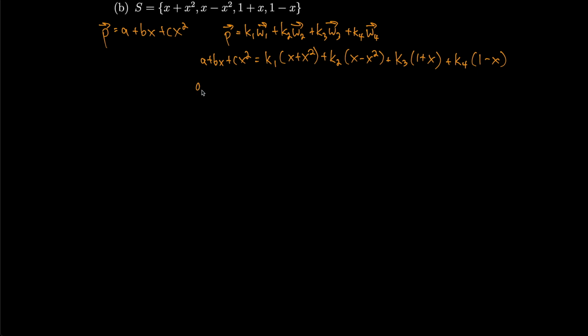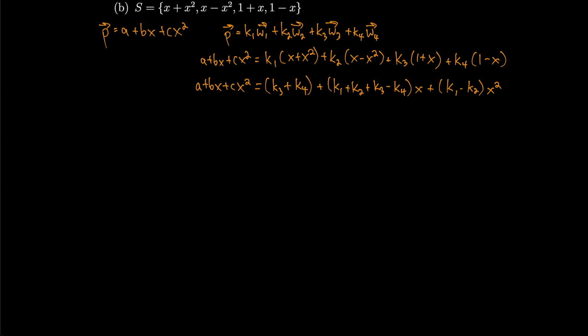And that means that a plus bx plus cx squared should equal k3 plus k4 for a constant term, plus k1 plus k2 plus k3 minus k4 for our x term by grouping everything, plus k1 minus k2 for our x squared term.